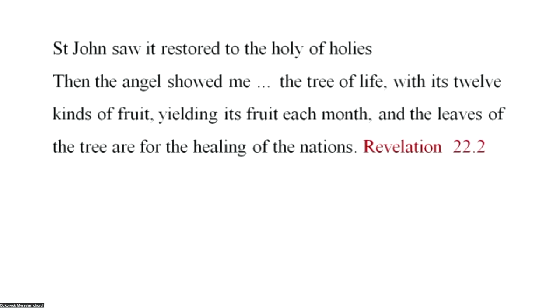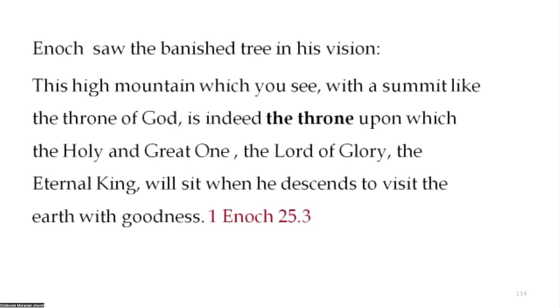So we have: the angel showed me the tree of life with its 12 kinds of fruit, yielding its fruit each month. The leaves of the tree are for the healing of the nations. Now, Enoch saw this banished tree in his vision, and this is from the earlier part of the book of Enoch.